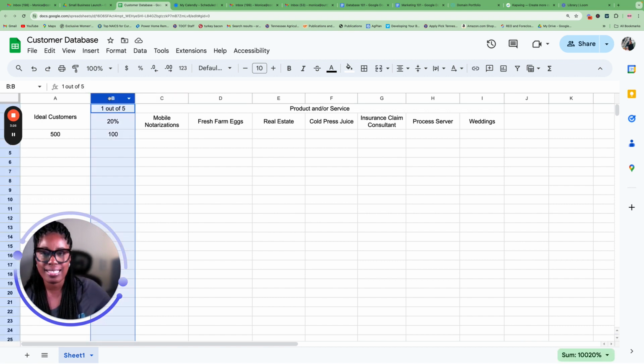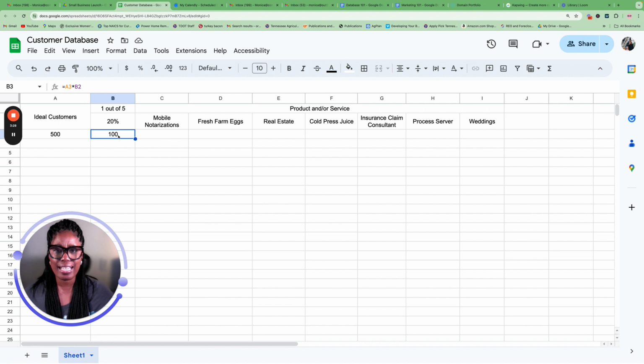Now let's look at this second column. This second column is what I call the rule of numbers, or I don't even know if that's the right terminology, but basically in sales, and I've been in sales all of my career, okay, 1 out of every 5 things is going to happen. If you take a quarter and you flip that quarter 5 times, it is going to fall on heads at least once.